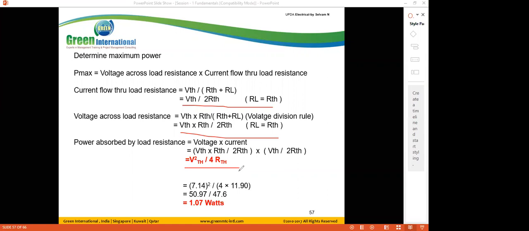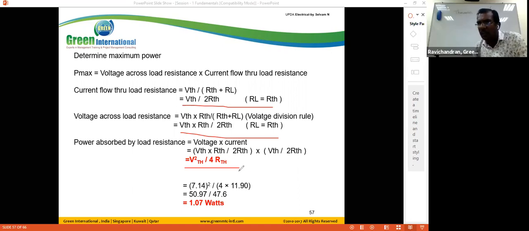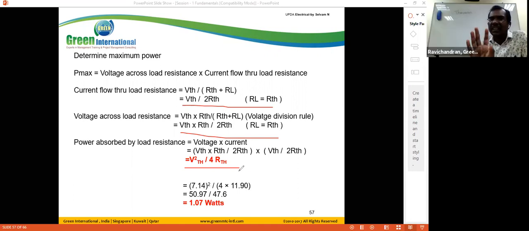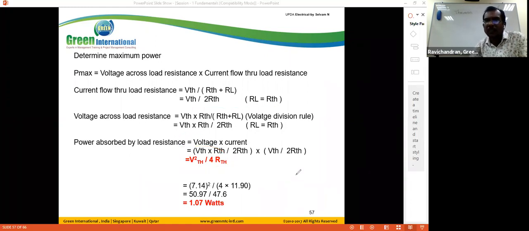Either you memorize this formula or just use this one, but this is a simple thing. Instead of memorizing this formula, just remember the current division rule and voltage division rule, and you can derive it.